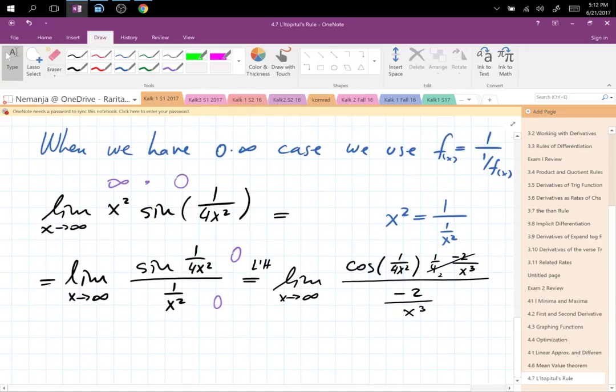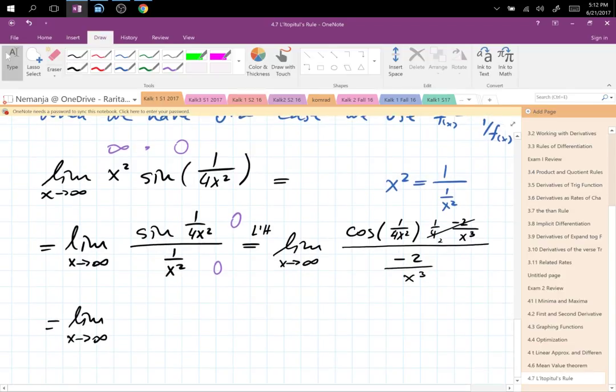Oh. So now, a limit for a point. What do I have left? I have in the numerator negative 1 over 2x cubed times cosine of 1 over 4x squared, divided by negative 2x cubed.